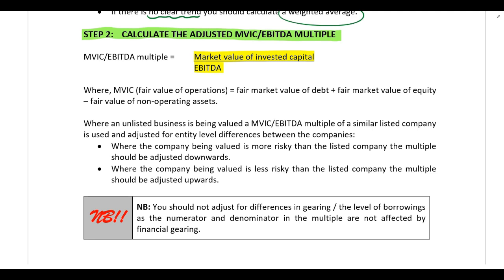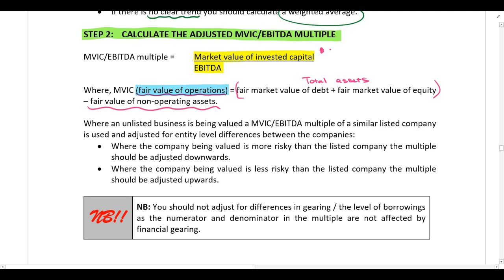Please note, if you need to calculate the market value of invested capital, remember that is the fair value of your normal operations. So it's the total firm value, the value of debt plus equity, the total asset value, and we subtract any non-operating assets so that we get the value of our operations.